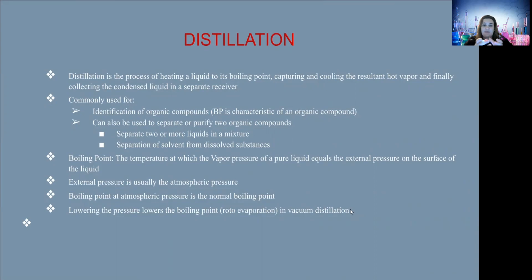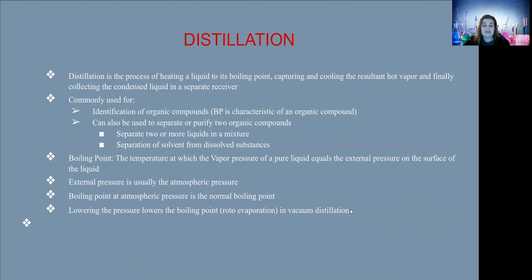So this is where you use that micro distillation apparatus, okay? Things we could use distillation for: identifying organic compounds. And the reason we can do that is because through distillation, we can actually take the boiling point of these liquids that we're boiling off. And you can also use it to separate organic compounds, right? So when you're separating organic compounds, you generally want a boiling point that is greater than 50 degrees in order for this to work.